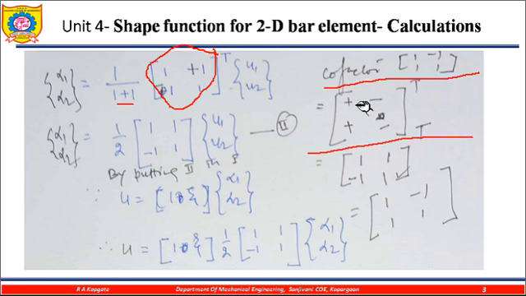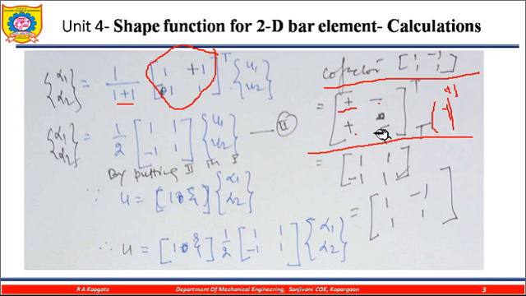First of all we need to write the sign, because this is -1 to the power i plus j. Generally i is equal to 1, j is equal to 1 for the first term, so that is -1 to the power 2, that is plus. Hence this is plus, this is minus, this is plus, this is minus.